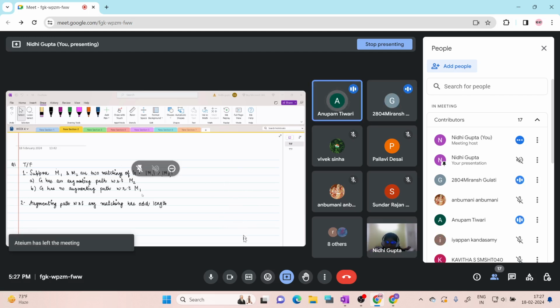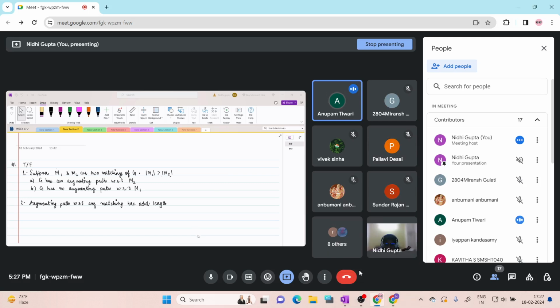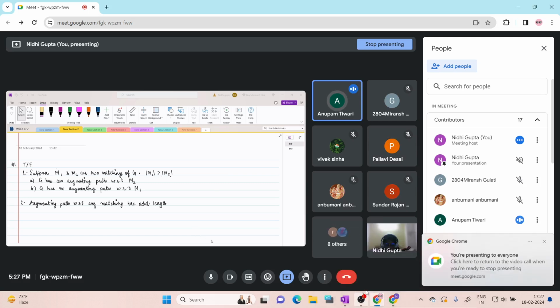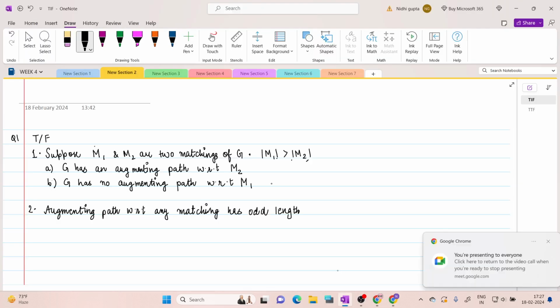Madam, since M2 is less than M1, there must be an augmenting path, because we can still increase M2 by one. So with that theorem, if there is a matching which is bigger than M2, then definitely there is an augmenting path.